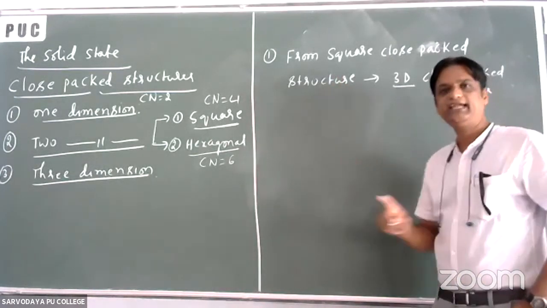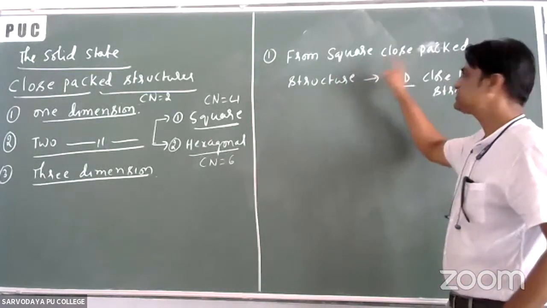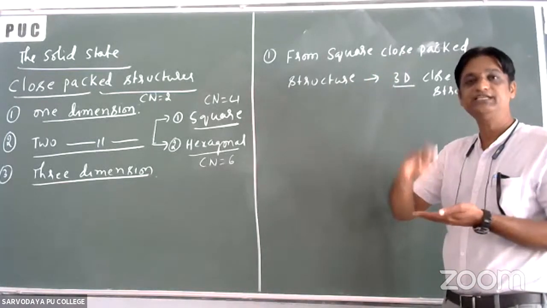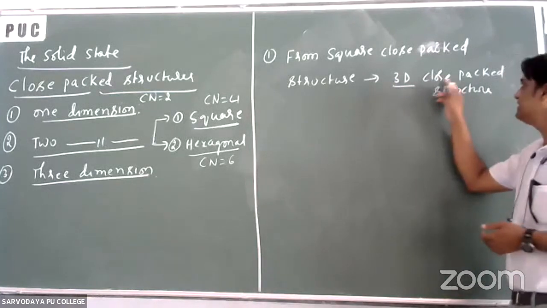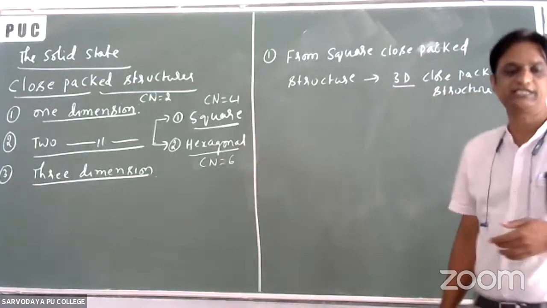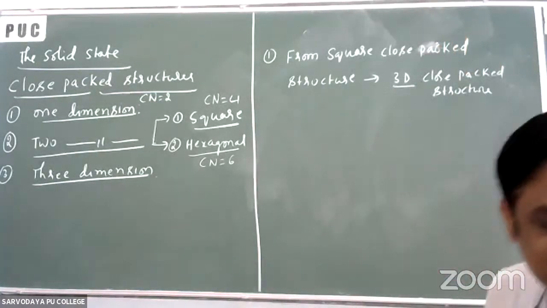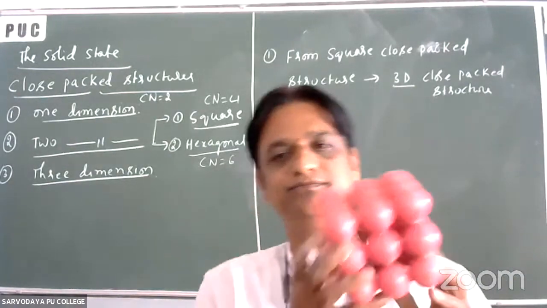When layers of square close packed structures are arranged one above the other, we get three-dimensional close packed structure. Let us take the model to understand that one.